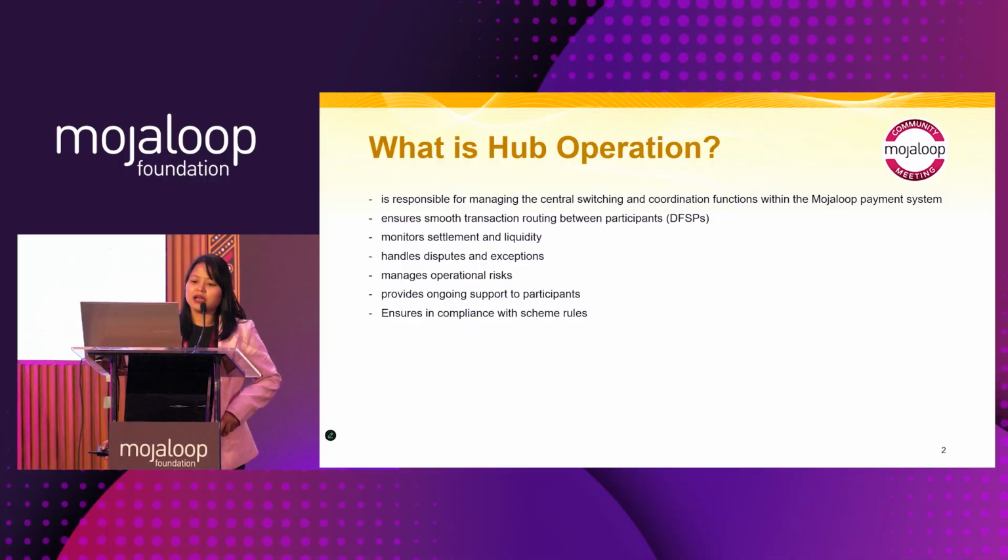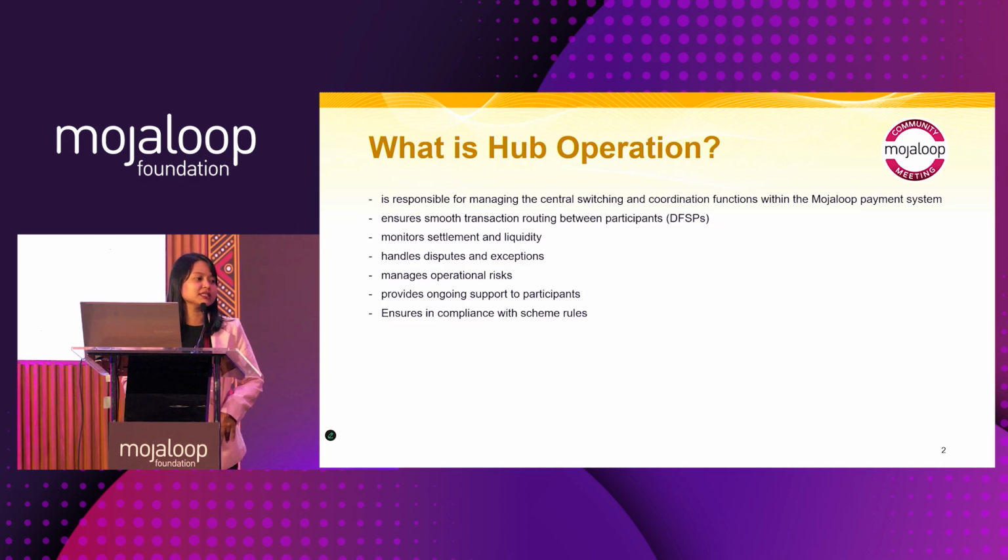Okay, let me start. What is hub operation? In this slide, I explain what the hub operation is. The hub operation team's responsibility is managing the centralization and coordinating function in the Mojaloop payment scheme.